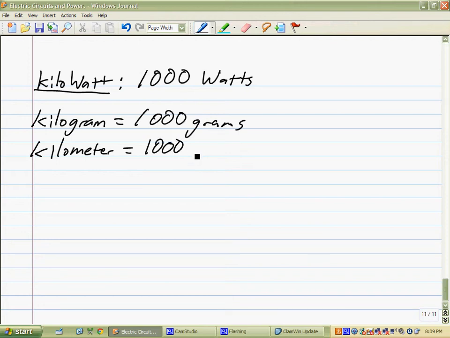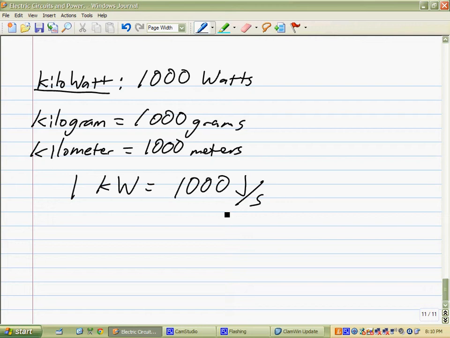So 1 kilowatt equals 1,000 joules every second. And this is worth talking about because when you get that bill from the power company, a lot of times you're going to be dealing with kilowatts on your bill. Because they're not going to bill you in watts because the numbers are too big, so they're going to convert it to kilowatts.